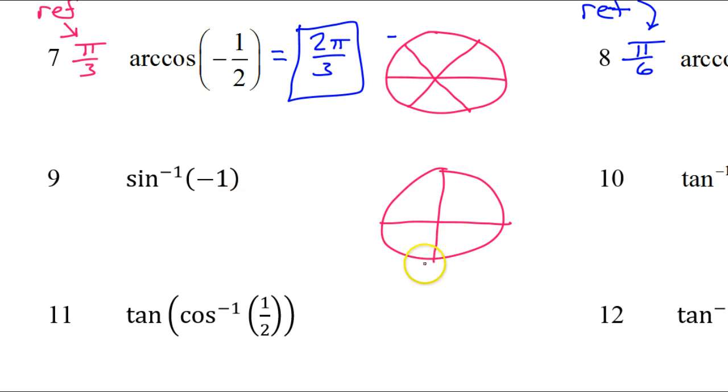So where is the y value negative 1? Down here. This is 0, comma, negative 1. This is the only place where the y value is negative 1. Now, am I going to call this 3 pi over 2 or negative pi over 2? I have to call this negative pi over 2 because of the restrictions.